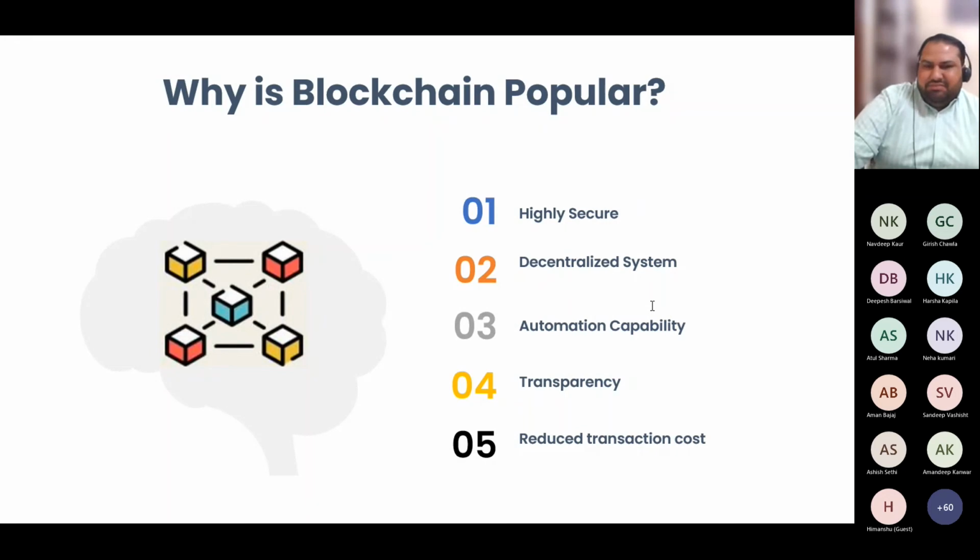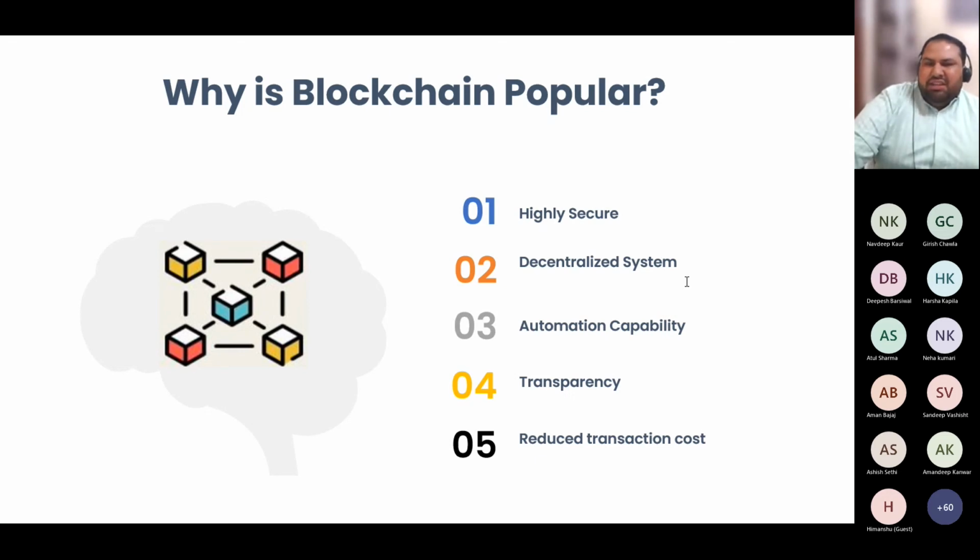The next one is automation capability. Blockchain technology is programmable and can generate various system actions, events, and payments automatically when the criteria of the trigger have been met. The next feature is transparency.